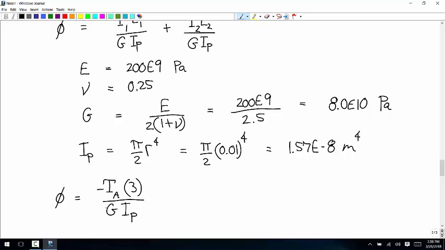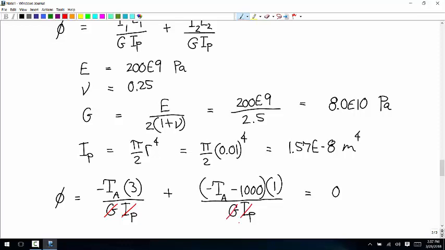The 3 is going to matter, and the torques are going to matter, but not the G I sub P. Plus negative T_A minus 1,000 times 1, divided by G I sub P. And the reason those won't matter is because we have 0 angle of twist. So we can multiply both sides by G times I sub P.